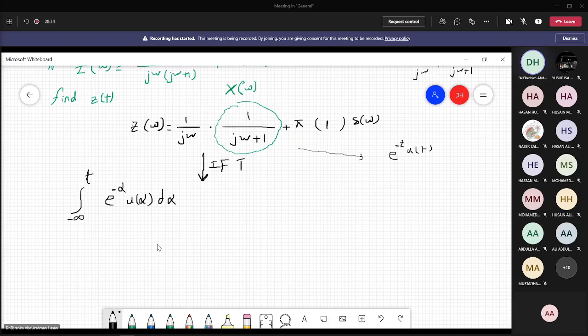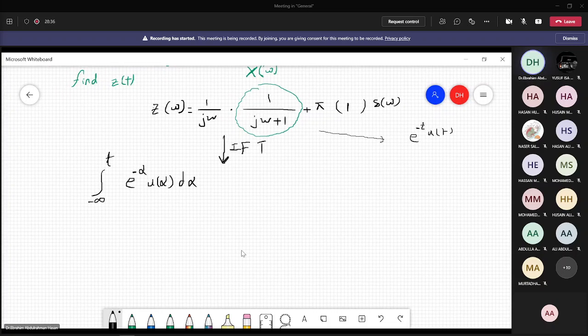We know that u of alpha means it is valid from 0, so we can remove it and we start from 0. But keep in mind this is valid for t greater than or equal to 0.